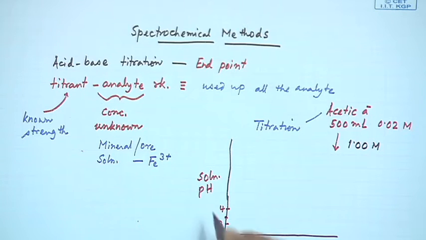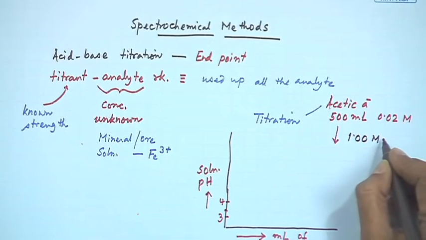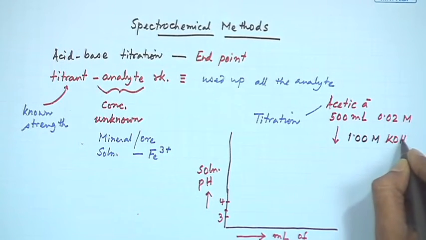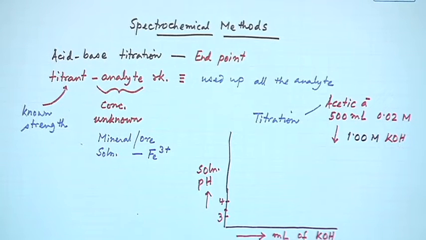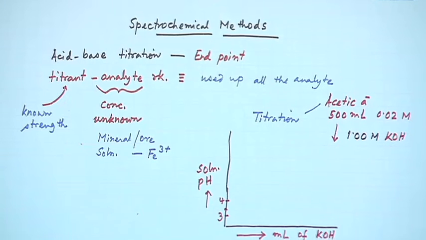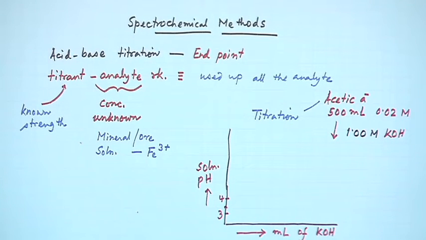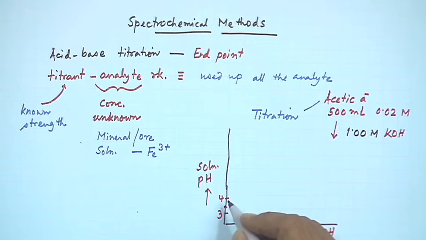On this axis we will be adding the milliliters of the KOH solution, say 1.00 molar KOH solution. So how will the thing change? We will get a typical plot like this.